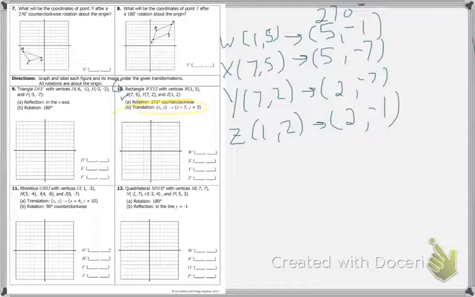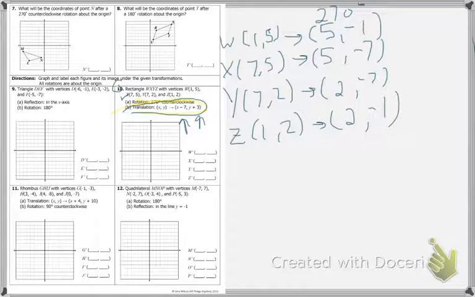Alright, so now we're going to do a translation. And remember, the translation is exactly what's happening here. That's what you're going to do to each one of the coordinates, each x and each y. So each x you're going to subtract 7, and each y you're going to add 3.